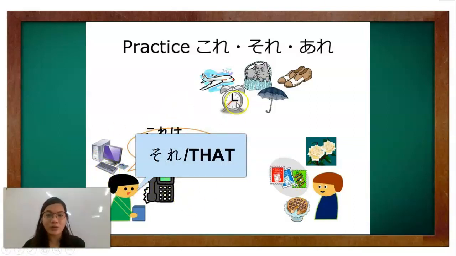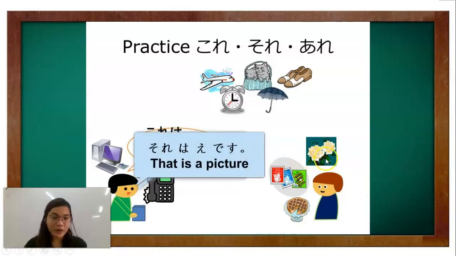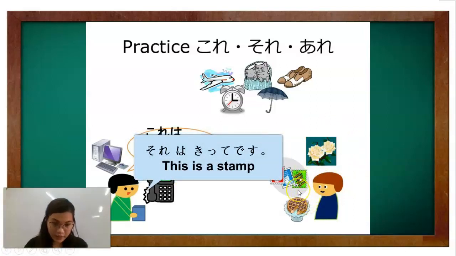How about this one? We are going to use sore, near to the listener. So sore wa e desu. E is picture. Next is stamp.